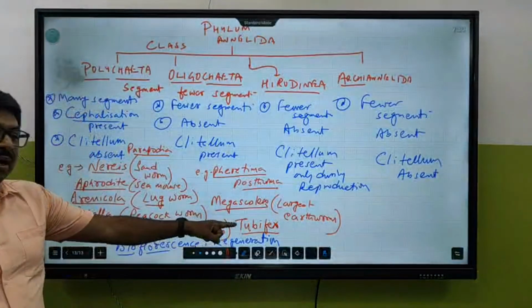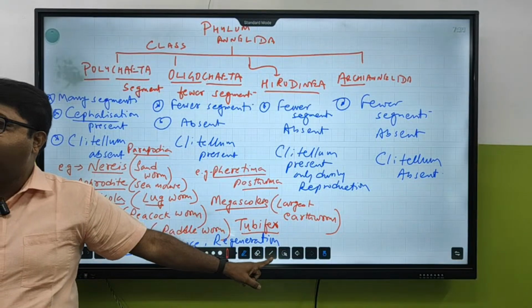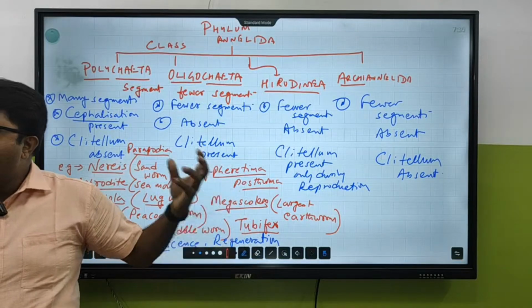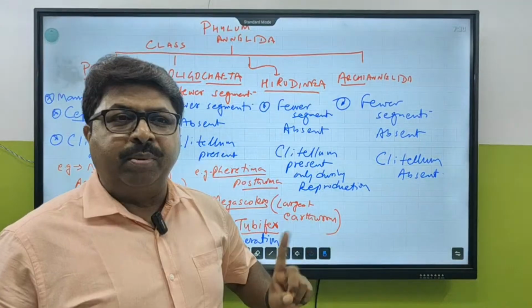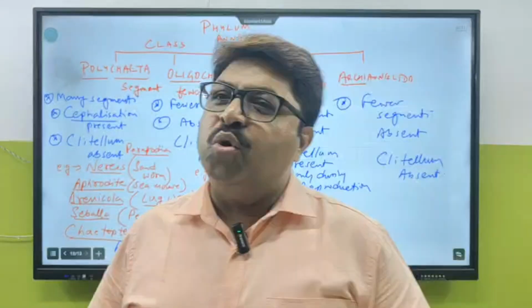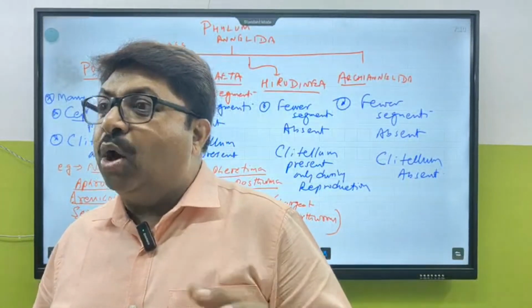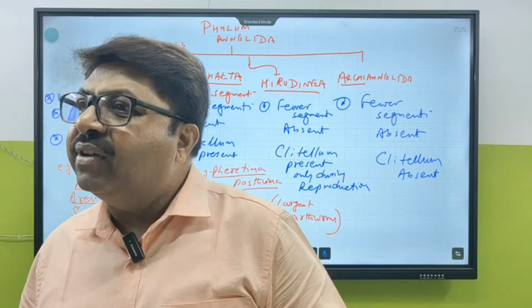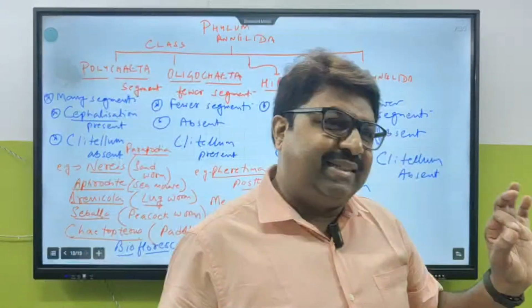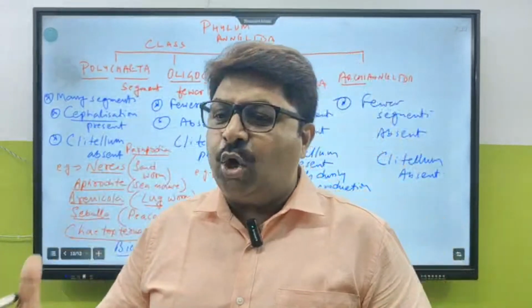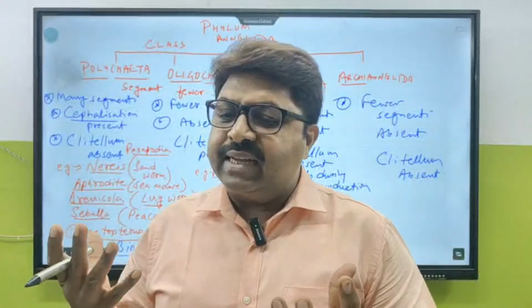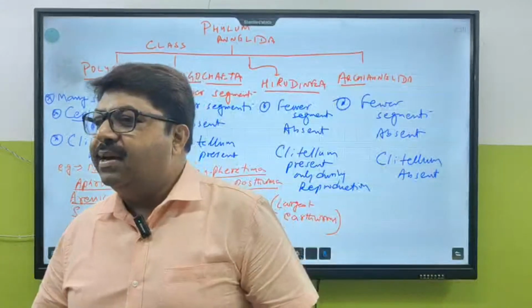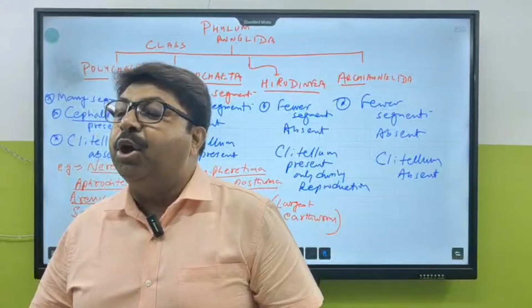The presence of tubifex in a water body means they act as a bioindicator of water pollution. If there is organic loading, they will not grow there. If there is more organic content, they are not going to grow in that water. They only grow in water bodies having less heavy metals. The organic loading is less. So in water where tubifex is seen, heavy metals are absent, and the BOD level is low. Water is pure.